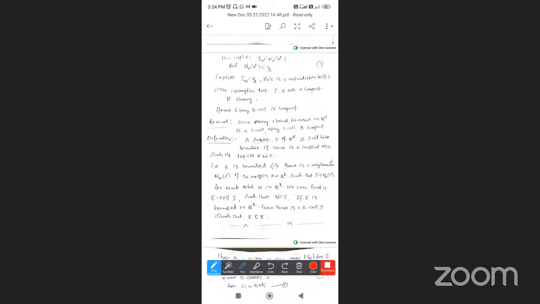So this implies I_{n_0} is a subset of or equal to a neighborhood of radius r of x star, which is a subset of or equal to G_alpha. This implies G_alpha, which is a contradiction. So the assumption that I is not compact is wrong. And so every k-cell is compact. So every k-cell is compact.